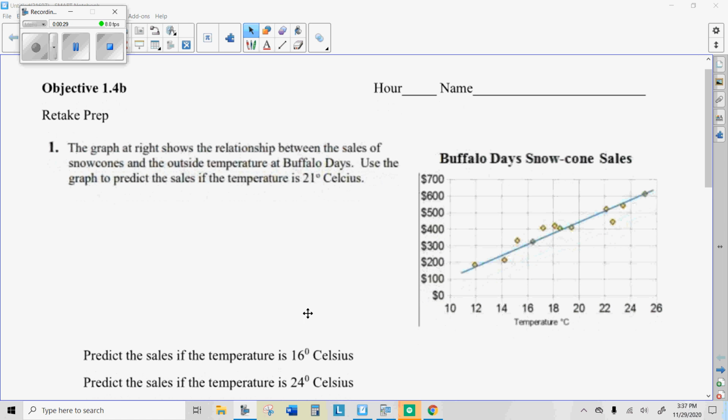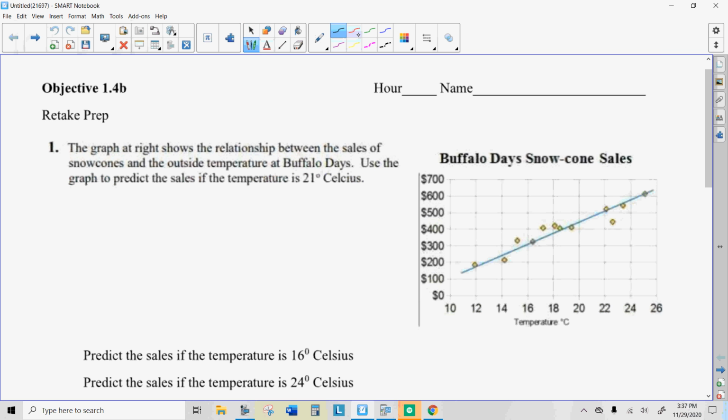So the first question is about just using a line of best fit on a graph to make a prediction. It says for us to predict the sales if the temperature outside is 21 degrees Celsius. So we want to look at the temperature axis and find 21 there.